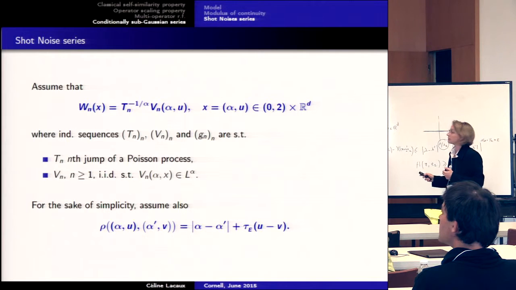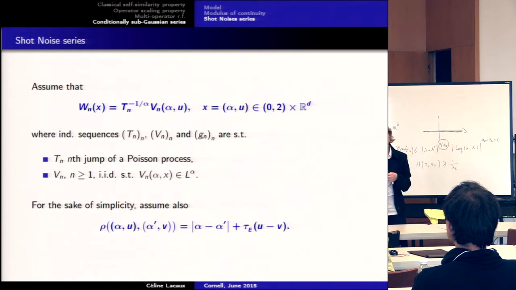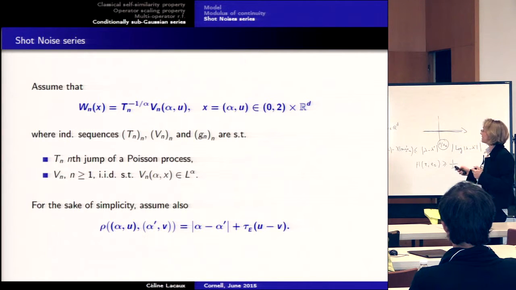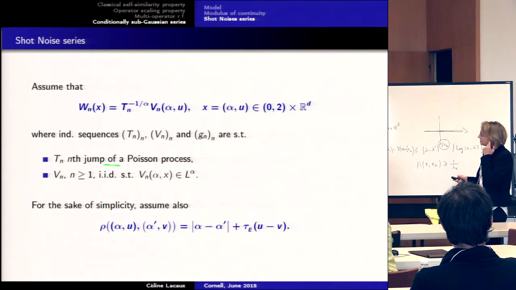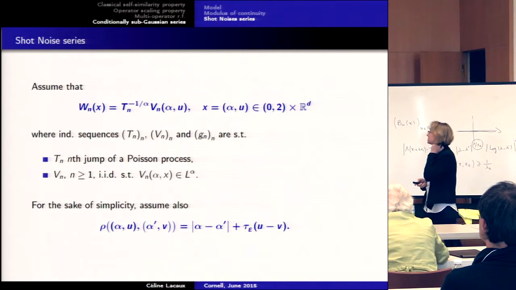So I don't give you the details, but for this process, we have also studied the speed of convergence. But I will now focus only on the case where I have shot noise series. That means that Wn will be of this form, where Tn is still the jump of the Poisson process.